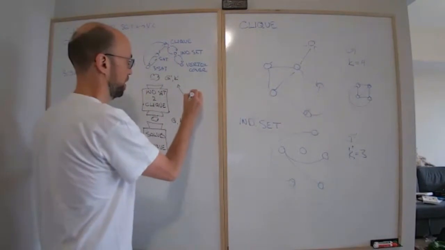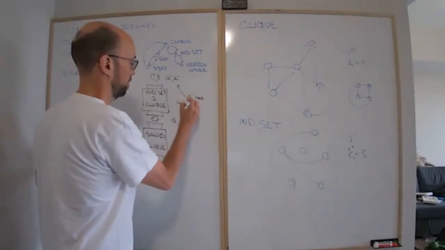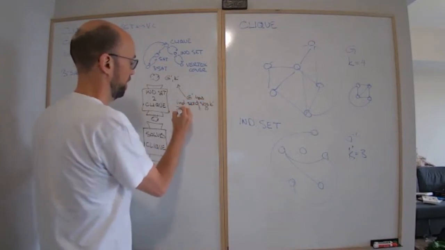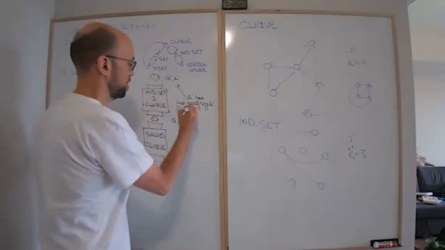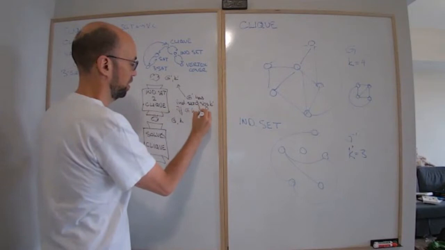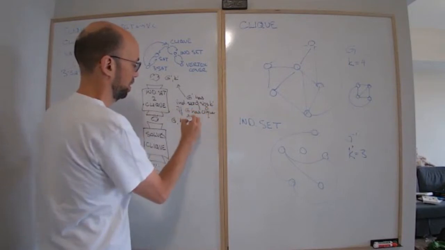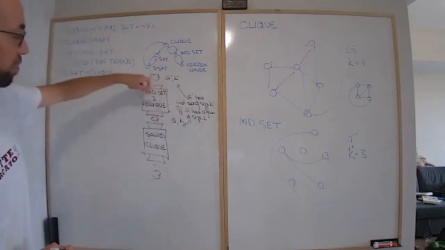So G prime has an independent set of size k prime if and only if, this is written IFF, G has a clique of size k.